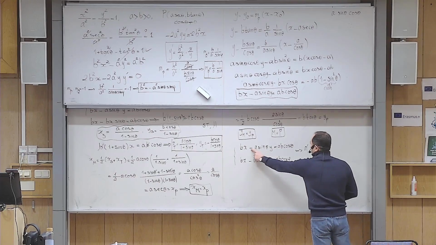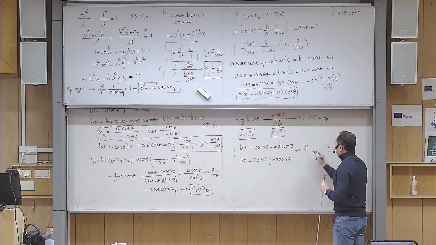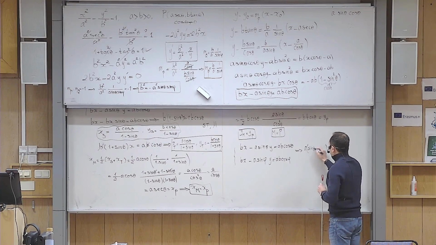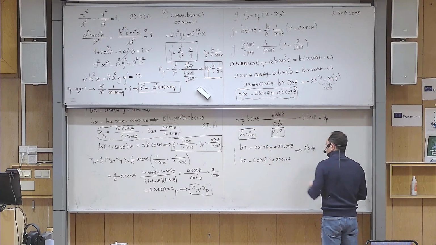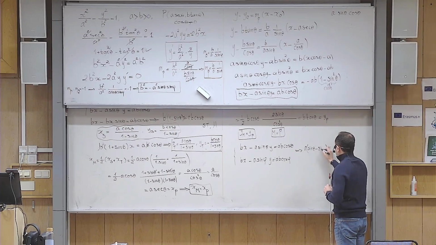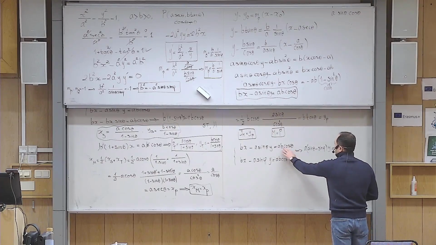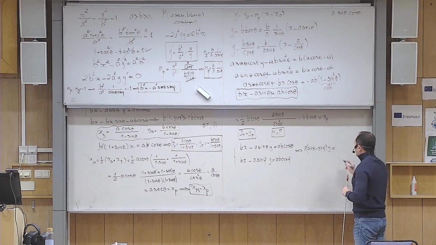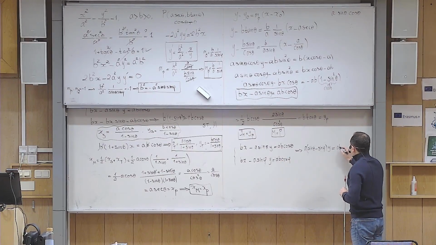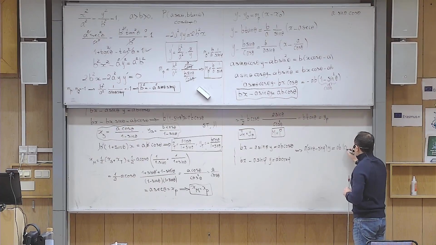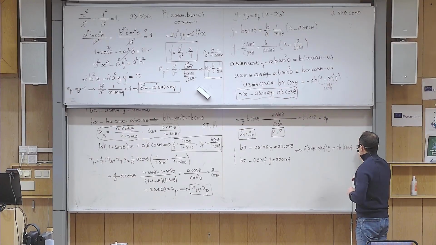I multiply this by minus sign, so it is positive sine theta, and I just added the result to this one, so minus sine phi is there. I have done the same thing here, multiplying by minus sign and adding. If I factor ab out, what is left is ab, cosine phi minus cosine theta.